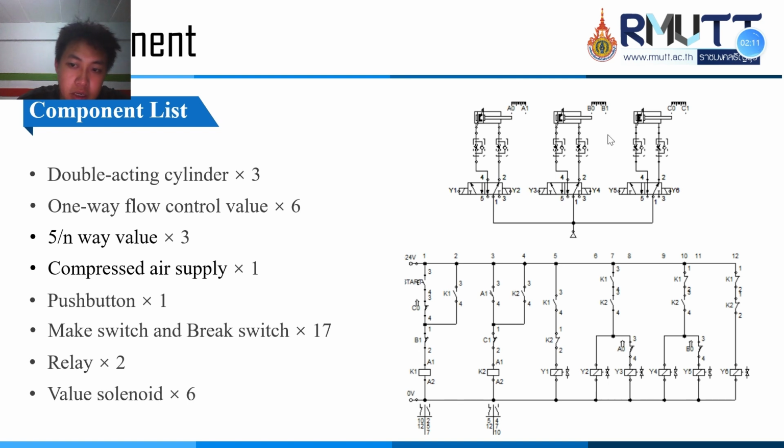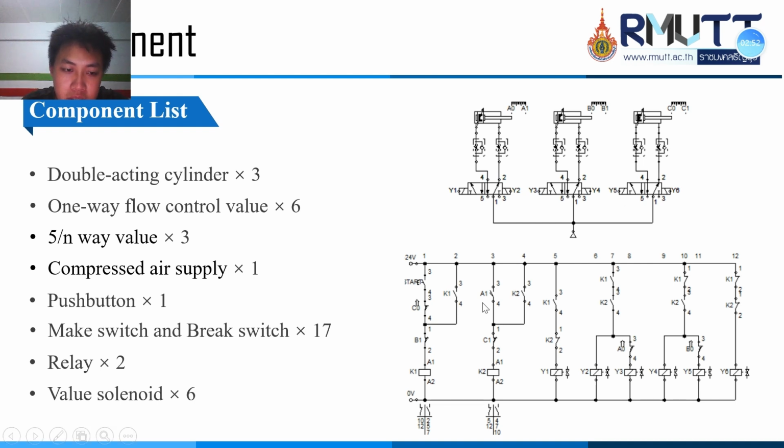Okay, so in this design, we need a lot of components. You can see we have three double-acting cylinders, six one-way flow control valves, and three 5/2-way valves, and you can see the circuit. We need 24 volt and 0 volt, and we need a compressed air supply.